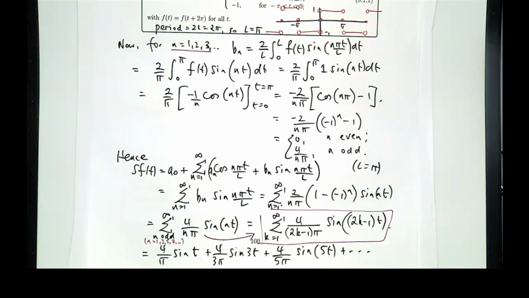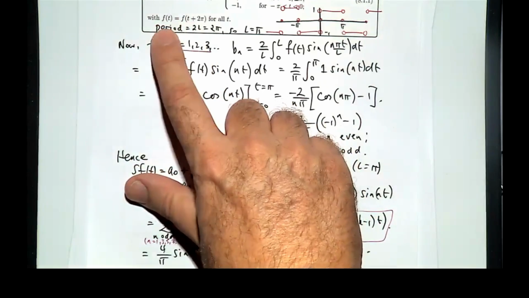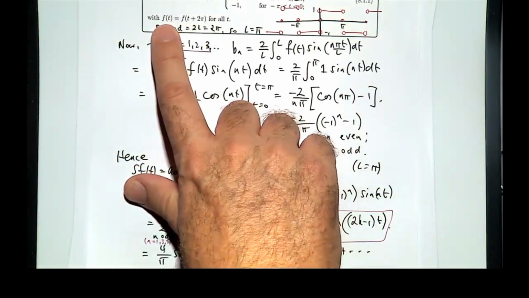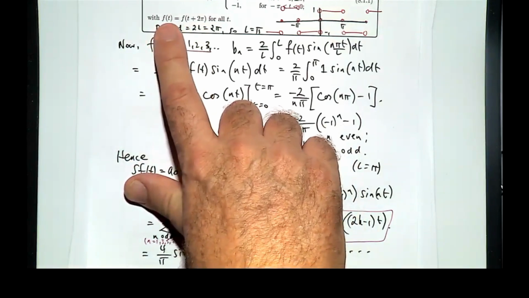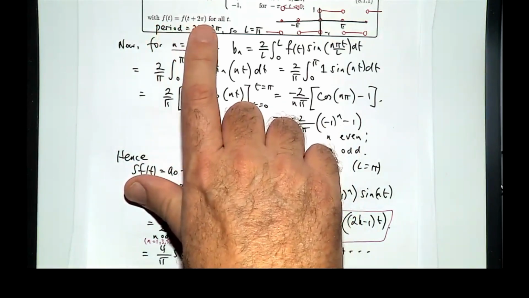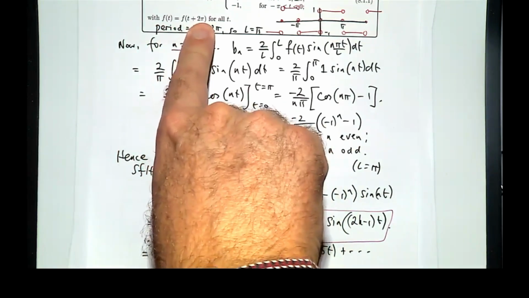What does the f(t) = f(t + 2π) actually mean in the question? Good question. This tells us that f is periodic. This is the algebraic way of saying f repeats, and the period is that thing, whatever that is.